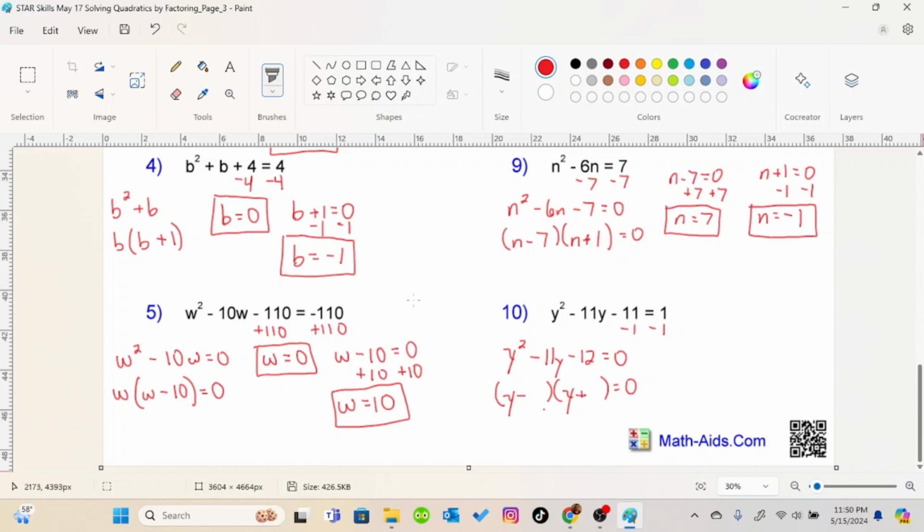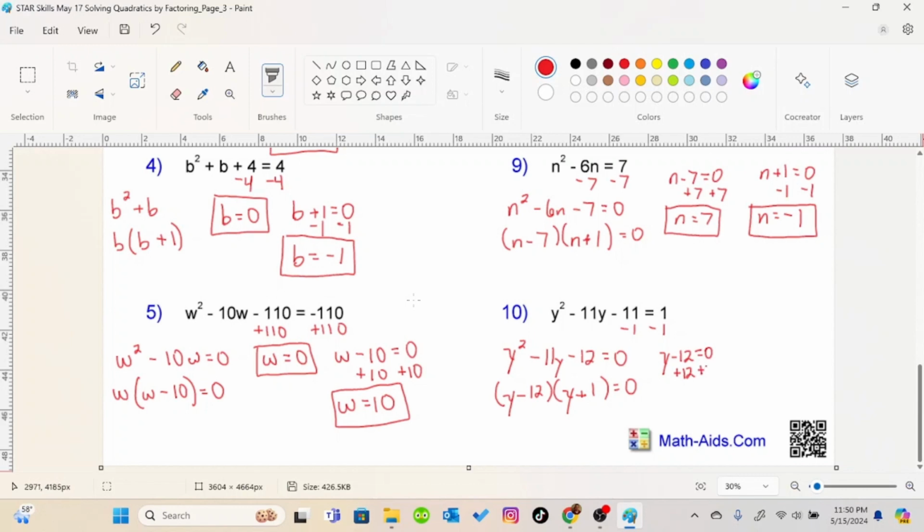Now we need numbers that multiply to negative 12 but add to negative 11. And the numbers that do that are negative 12 and positive 1. Negative 12 times positive 1 is negative 12. Negative 12 plus 1 is negative 11. Now we set the first factor, y minus 12, equal to 0.